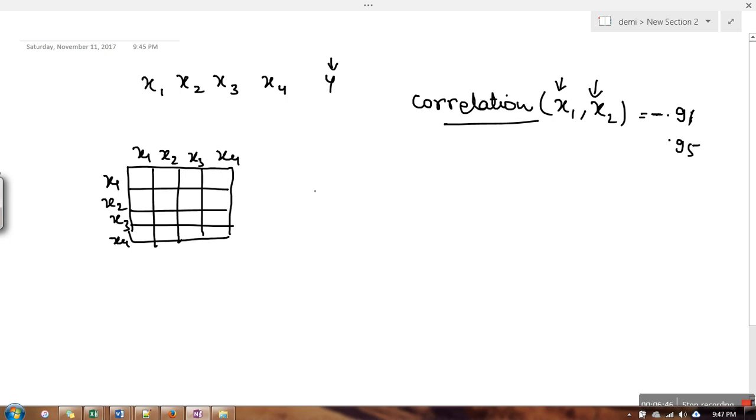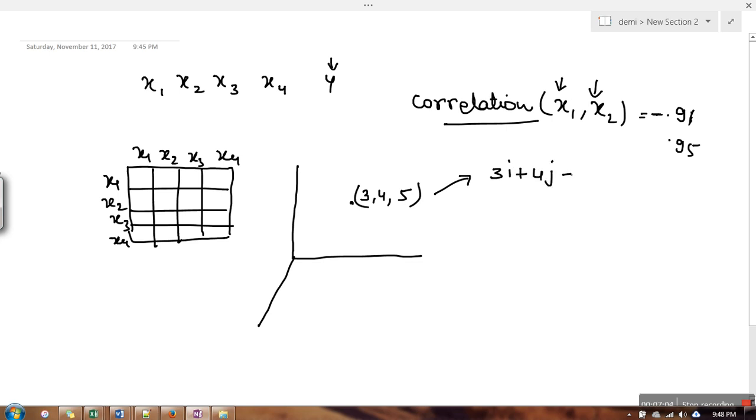Now the next thing is, let me consider three-dimension data, and in this three dimensions I'm having a point, and this point is 3, 4 and 5, or in other words I can say it is 3i, 4j and 5k, if I'm representing this point in the form of a vector. So this is, let's say, the value of x.